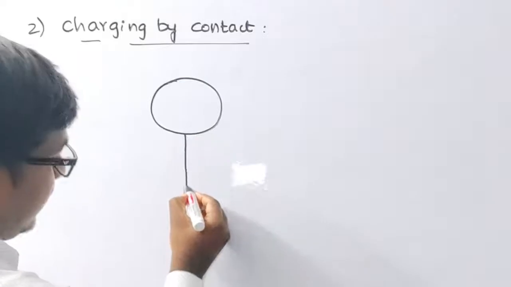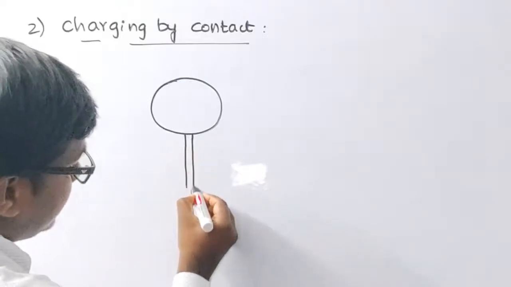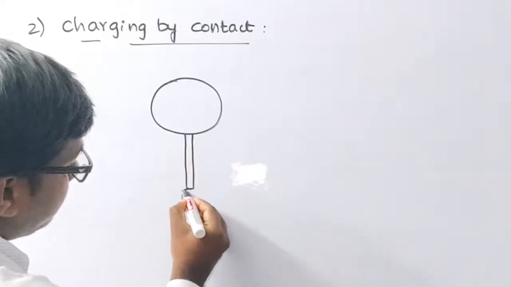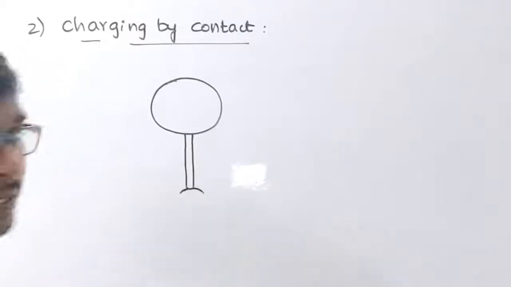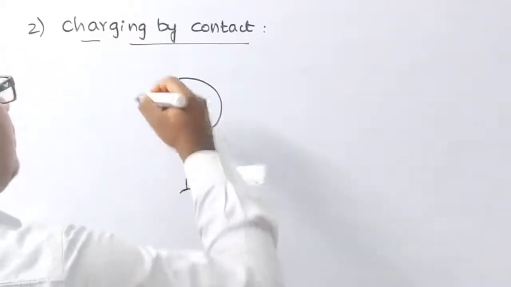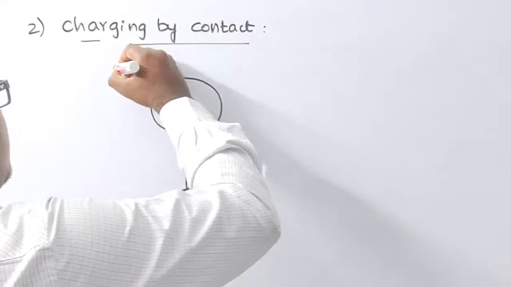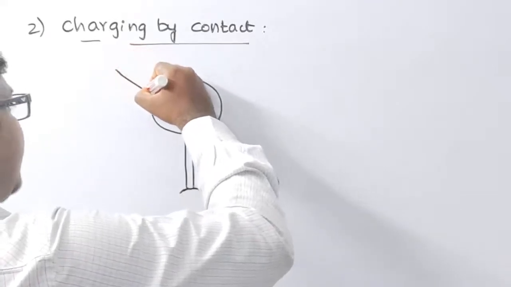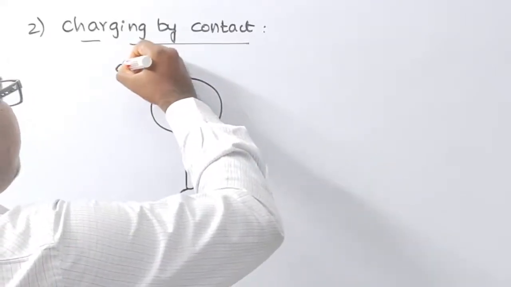The sphere is fixed on a stand, that is an insulating stand, and the ebonite rod is in contact with the metal sphere.